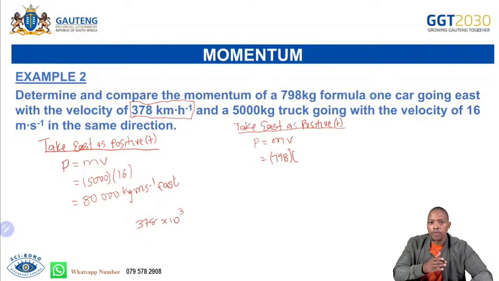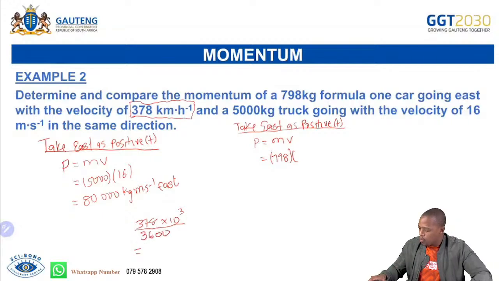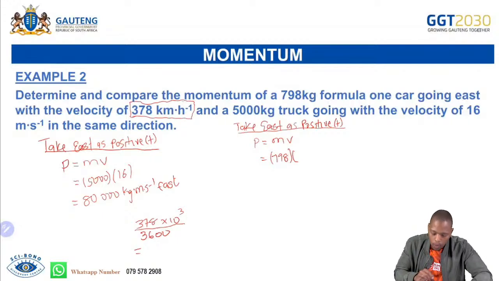That's when you are converting from kilometers to meters, times 10 to the power 3, or multiply by 1,000, over 3,600. What's the 3,600? Those are the amount of seconds in an hour, because we are converting from an hour to a second. Kilometer to meter, hour to seconds.